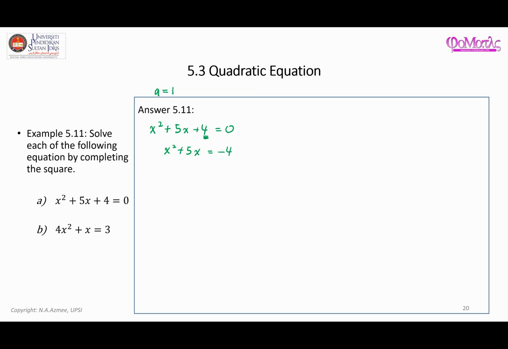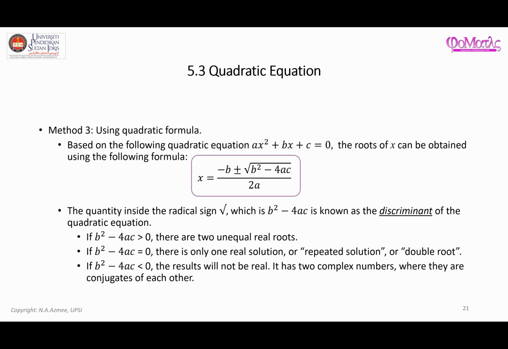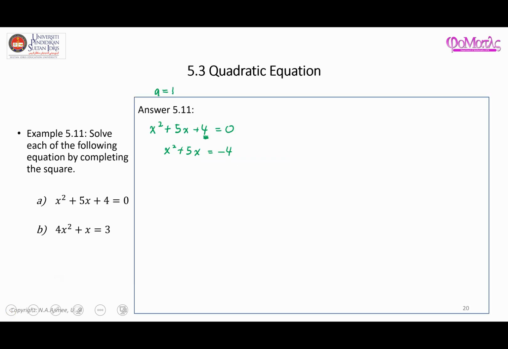Complete the square meaning that I'm going to replace this with something that looks like x plus p squared. So this is our aim. We're going to replace x squared plus 5x with something that looks like x plus p squared.